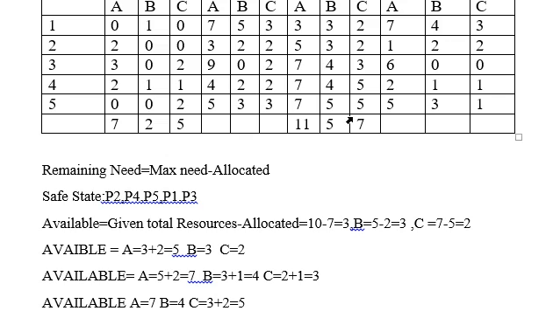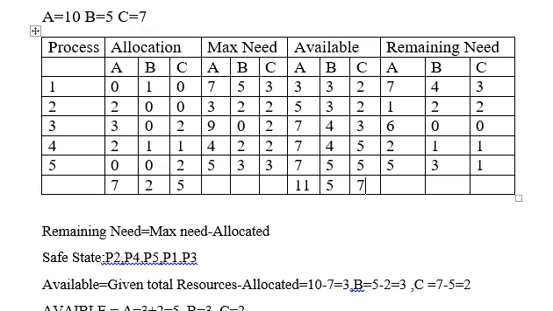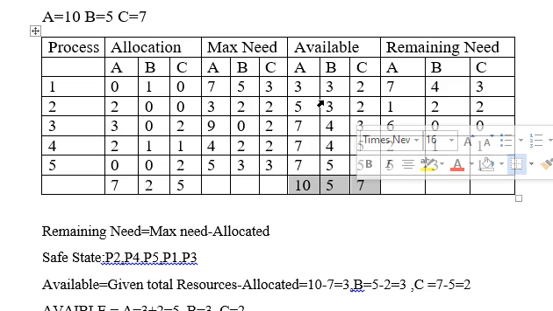So this is your final available resources, and you can cross check your answer by checking whatever is given. I think here I made a mistake, it's not 11, it's 10. This is 7 and this is 3, so 7 plus 3 is 10, so 10, 5 and 7. And these are the finally available resources after all the processes have finished execution and released all these resources.